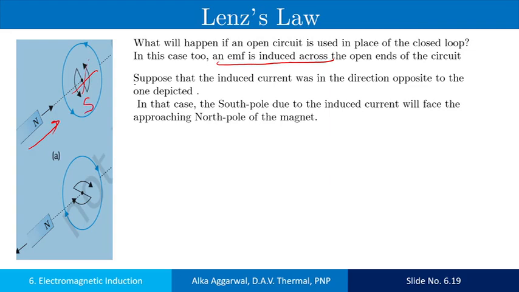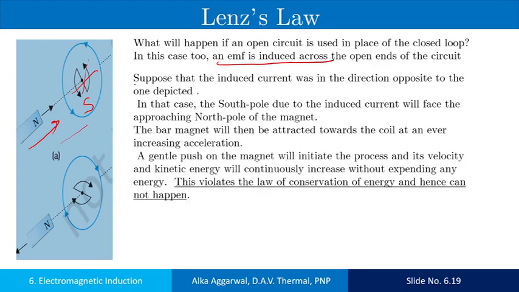In that case, there is a force of attraction, and a little push to this magnet results in an increase in the kinetic energy without expending any energy. And it violates the law of conservation of energy, and hence it will not happen. Means we can say that only the north pole is formed when we are taking the north pole of the magnet towards the coil.